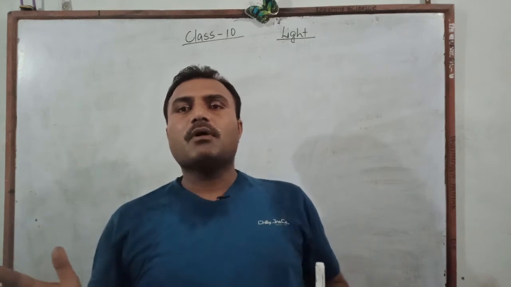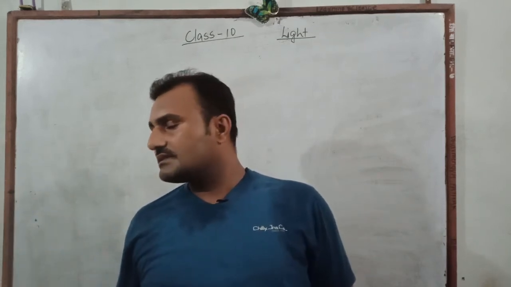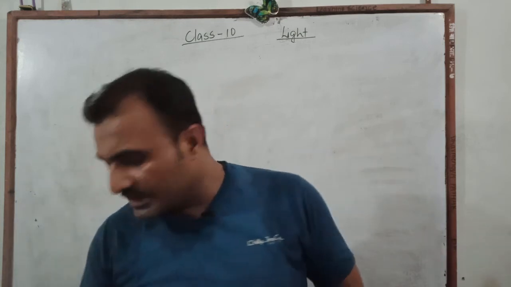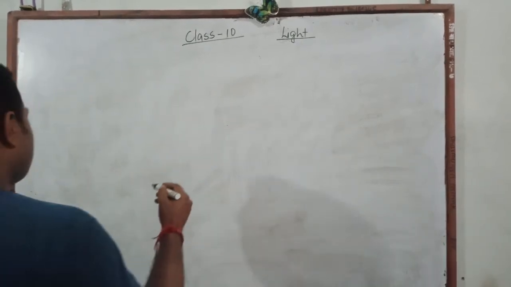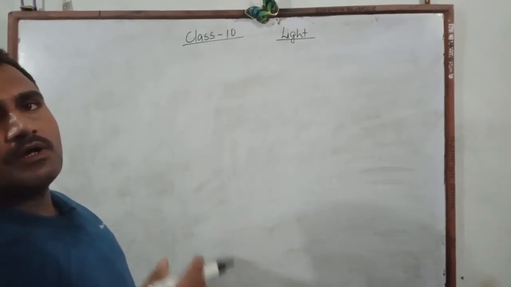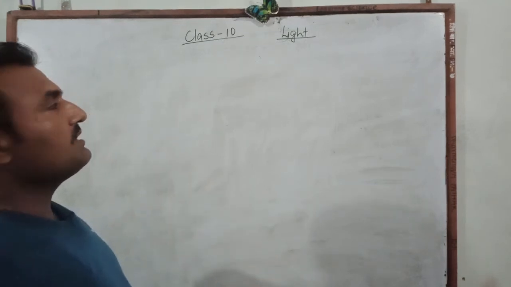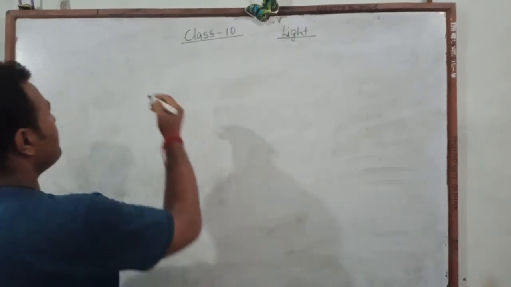We describe its nature, how we describe the image formed by a convex lens. And today we mainly discuss the different conditions in which a convex lens forms different types of image.